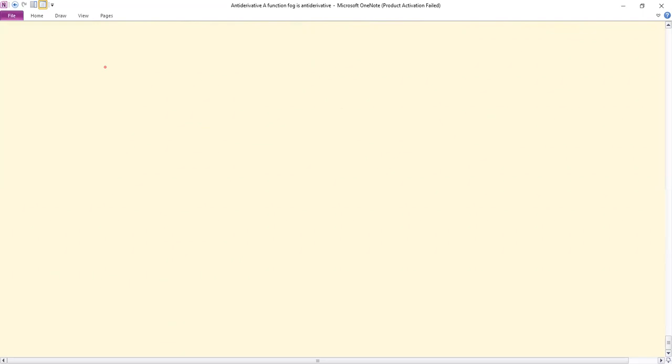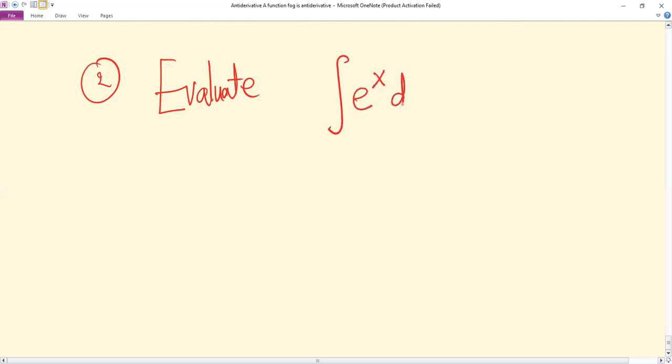And so question 2, evaluate the integral of e raised power x dx. Now the same problem.